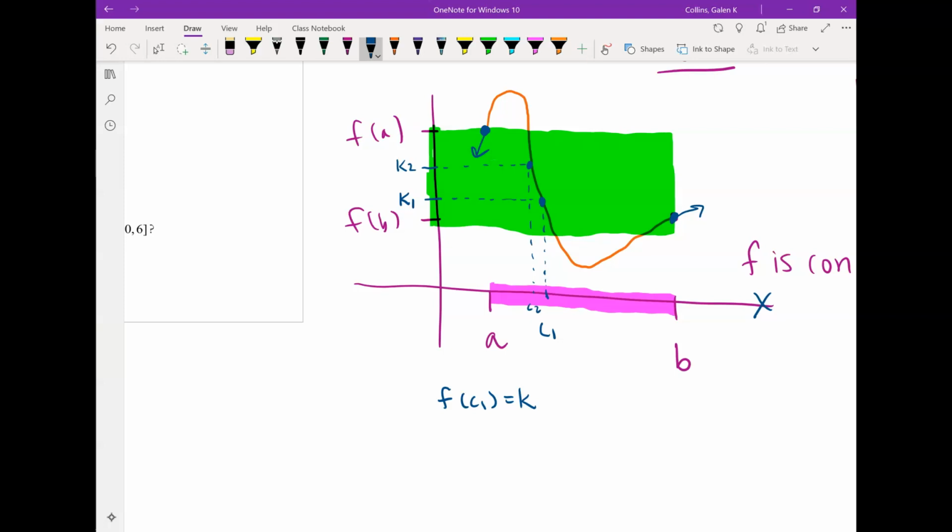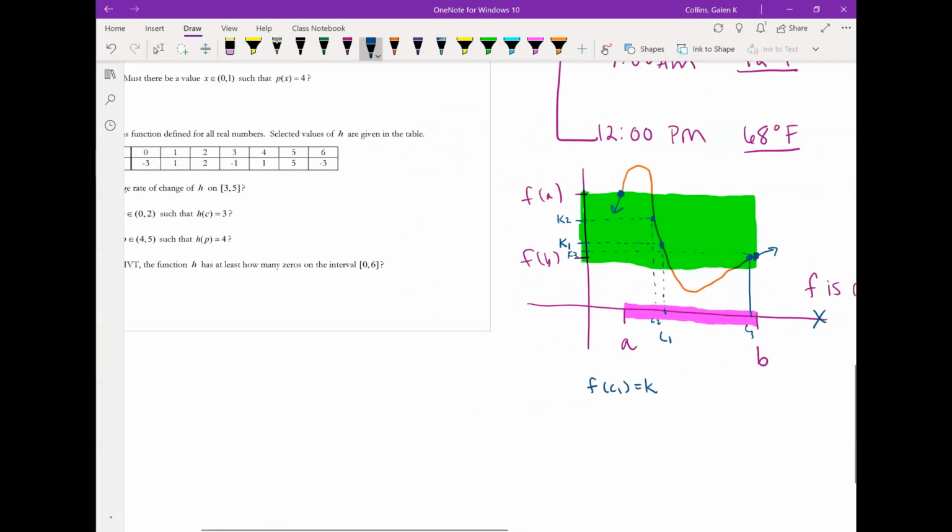Maybe here's where k3 is. I come all the way over to my function. Well, I'm not drawing this very well to scale. Then maybe that's where my c3 is. So really, it's just telling us if the function's continuous, the function has to obtain all the possible y values between f of a and f of b, which are also y values. And the x values will exist between a and b.